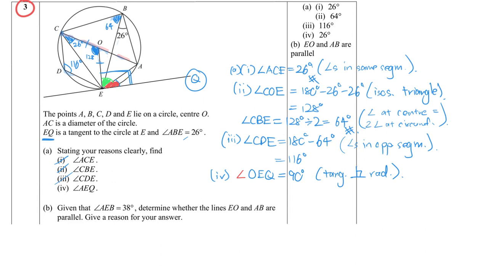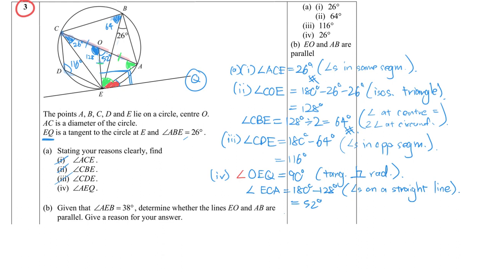So let's first find this angle here, since I know that OEQ is 90 already. So that's the base angle of this isosceles triangle. Can you see that? So I'll first proceed to find angle EOA, which is 180 minus 128, angles on a straight line, which is 52. Sometimes I write it as supplementary angles. Okay, first one. So this is 52.